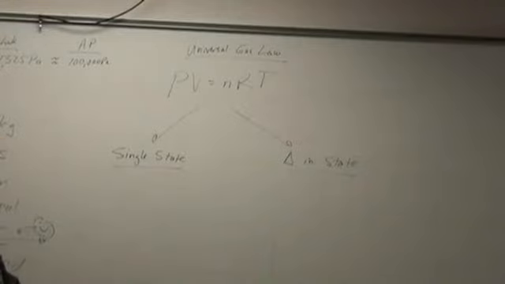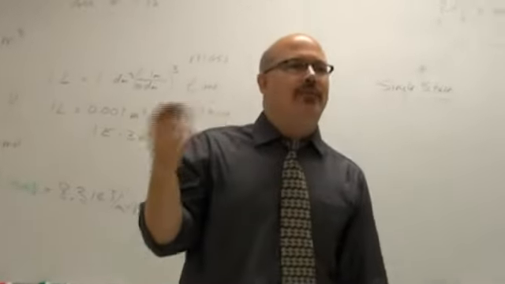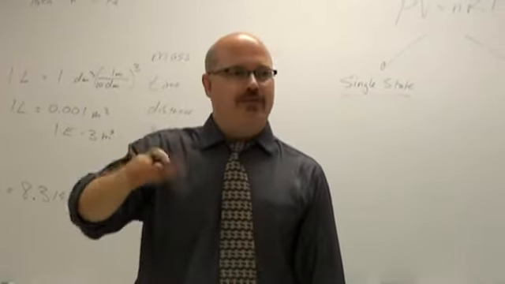So like for instance, if I told you to measure the volume of this room with meter sticks, which you could do, and I told you to measure the temperature in this room, which you could do, and I told you to measure the pressure in this room, which you could do, or we could assume it to be 1 atmosphere. It would be approximately 1 atmosphere, right?